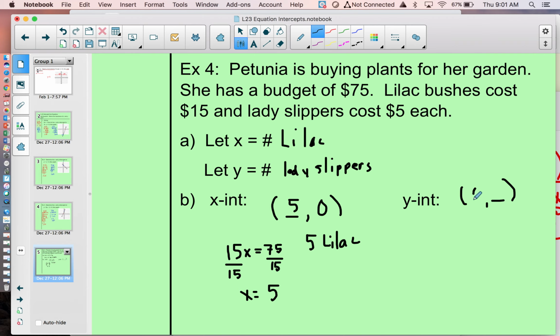Okay, and this one, we're talking about lady slippers, so they cost $5 each. 5y equals 75. Okay, and if you solve for this, you get y equals 15. And that's 15 lady slippers.